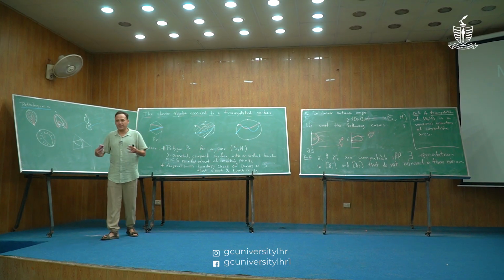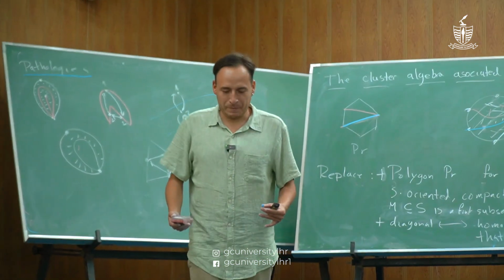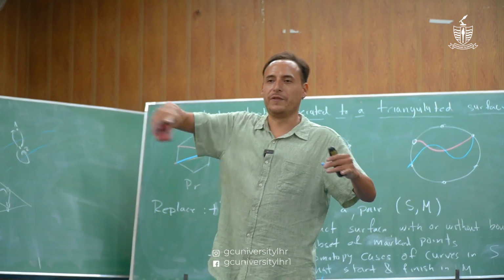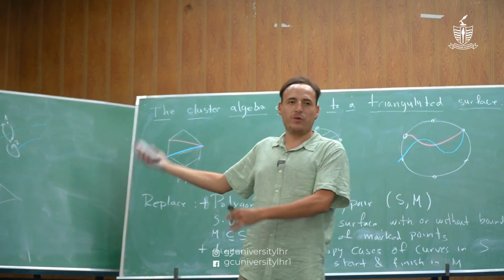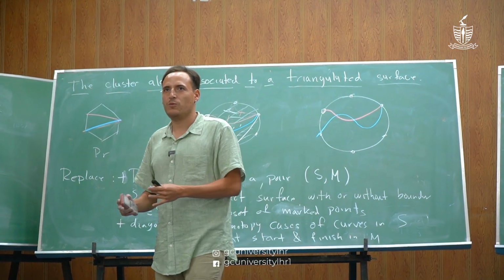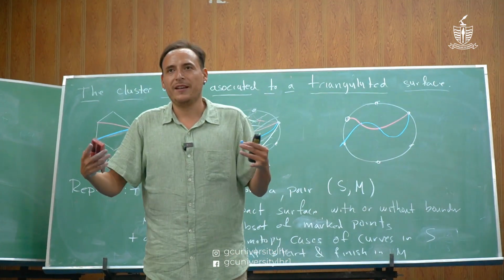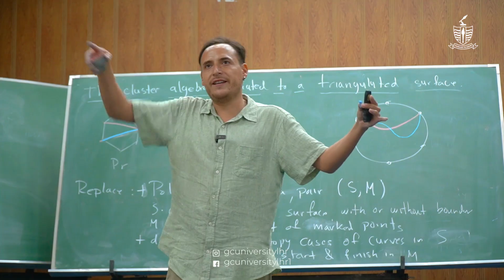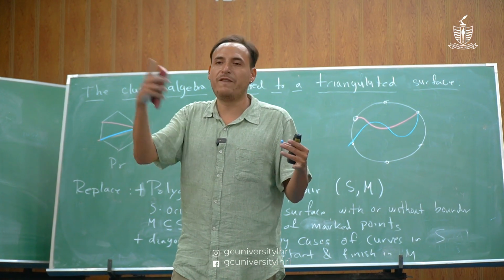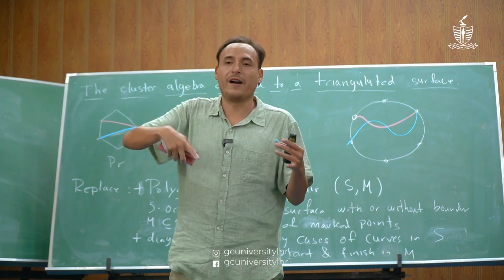We kind of feel that we're in the right direction. That if we start triangulating surfaces, we can produce quivers. And also, you can kind of imagine that a surface with a finite number of points can be triangulated with a finite number of arcs.